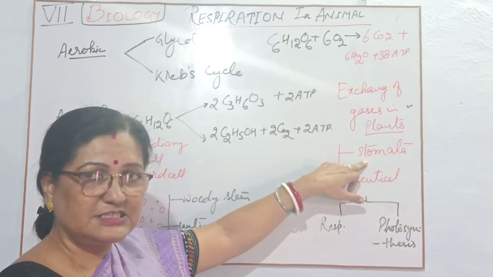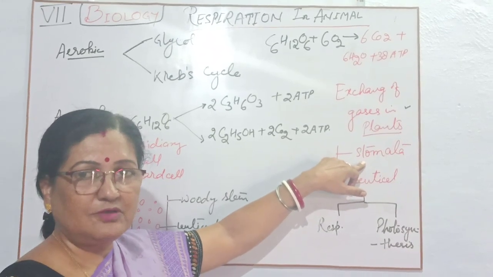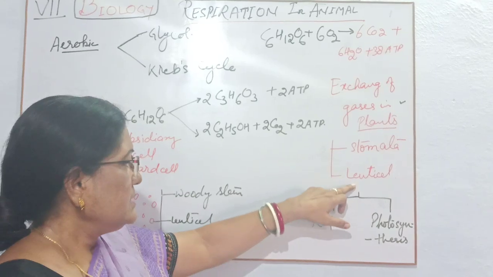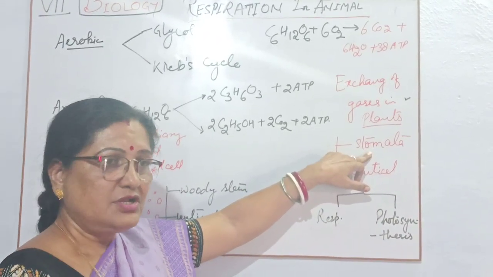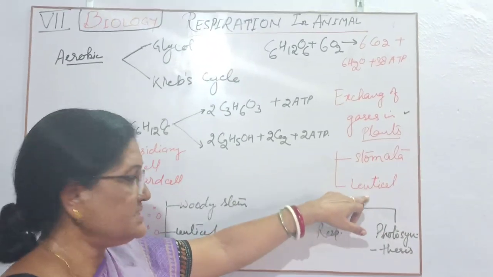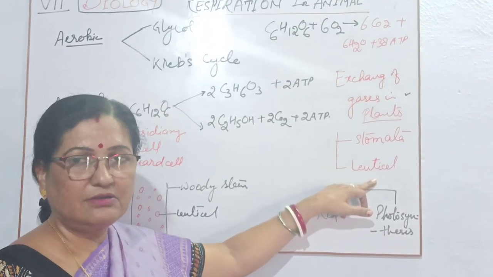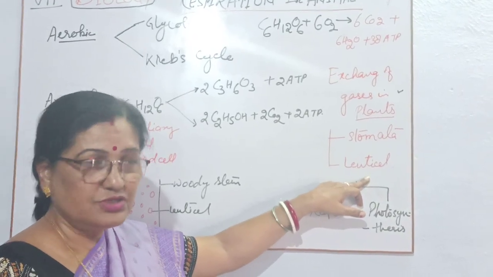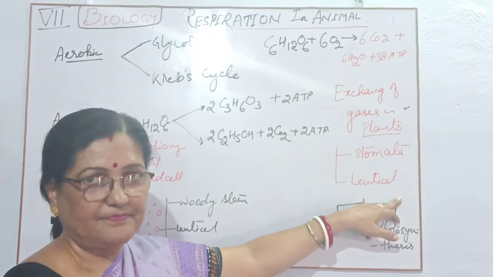Stomata are always present in the green part of the plant and on the leaf, maybe the upper epidermis or lower epidermis; you will study it in higher classes. The next one is the lenticel. Lenticels are always present in the woody part of the plant, maybe the woody stem or the root, when it is dry.